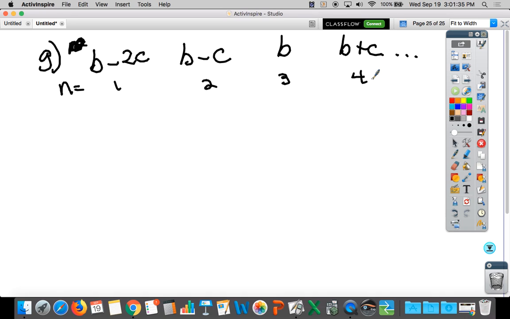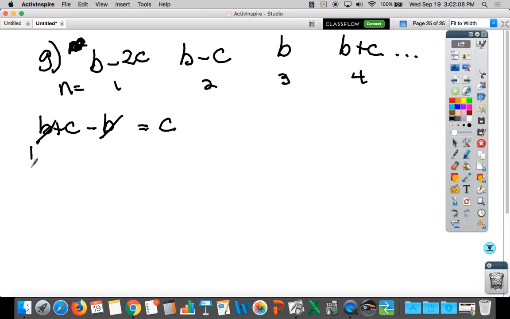You have to look to see. So one thing I can always do, didn't I tell you to find a common difference? This is the first thing I do when I'm checking a sequence: I always do right minus left after I number it. Always right minus left. So my furthest right is b plus c minus the one to the left of it. So that gives me an add c.